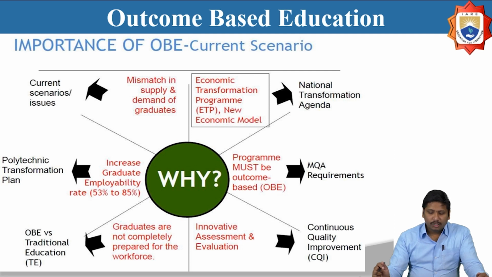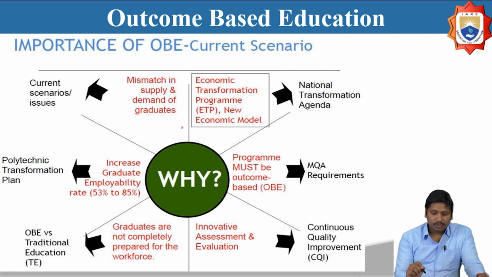So if you look at this, what is the importance? See here, if you are going to take the national transformation agenda, according to that, the economic transformation program, what we call it as ETP, and new economic model are required in order to implement the national transformation agenda.